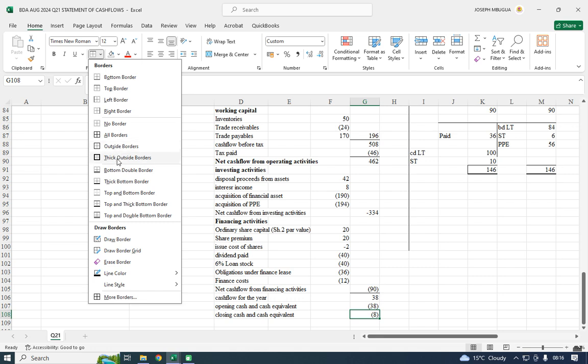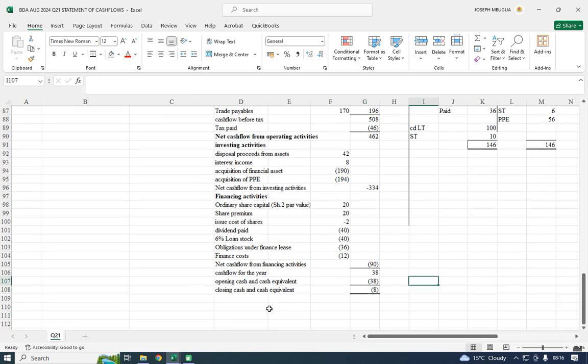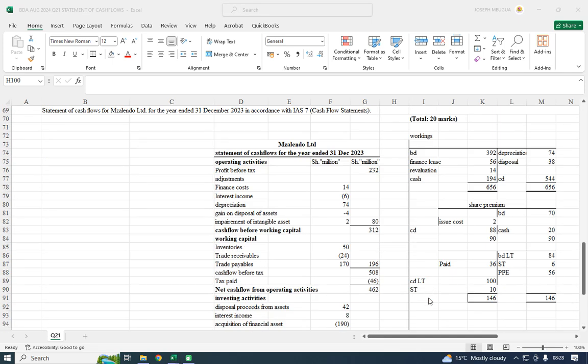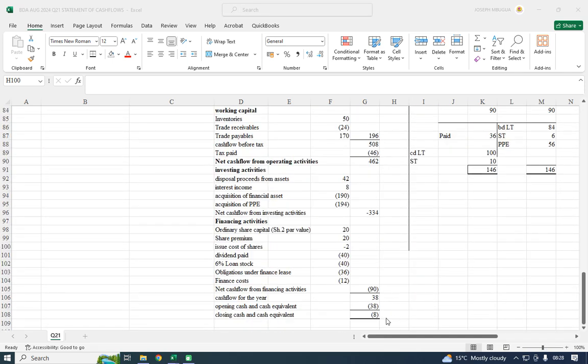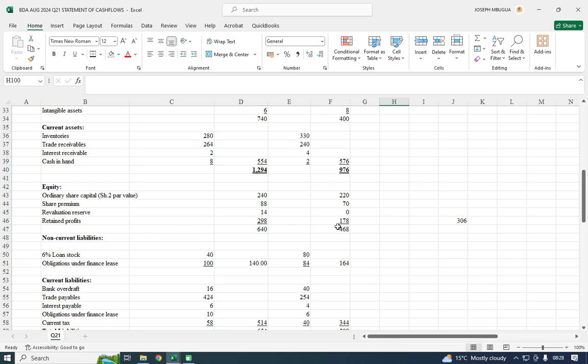And you'll find that our statement will not reconcile. It will not reconcile because this is at 8 and that is at 0. So we have to have 8 somewhere. So you'll find that the question is missing some values. And the value that is missing, I think I had shown you under the retained profit.